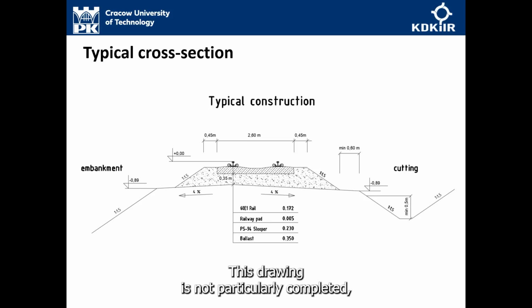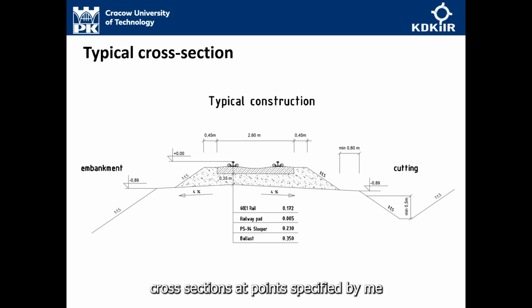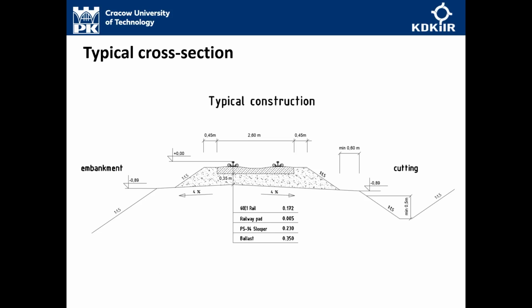This drawing is not particularly complete, but it will provide us with the basis for designing specific cross-sections at points specified by me in our design exercise. And it is from this that you will relate the solution for your railway line, designing the surroundings at each specific transverse point.